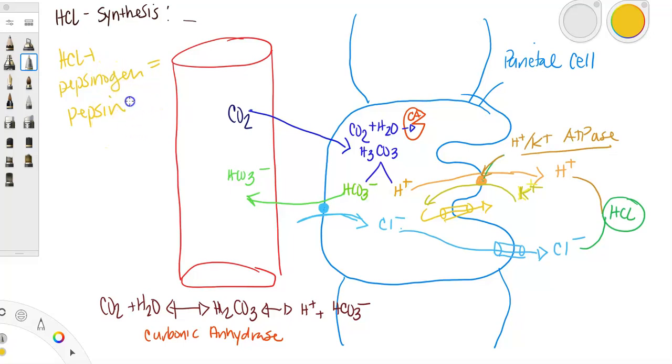So pepsin is the active form, and it breaks down proteins in the stomach. Okay? So that's why we must have hydrochloric acid. Okay, so that's all about that. So we will move on to the small intestine.